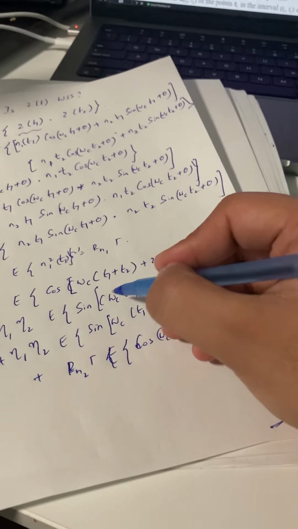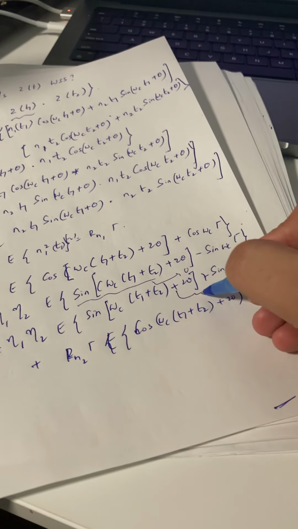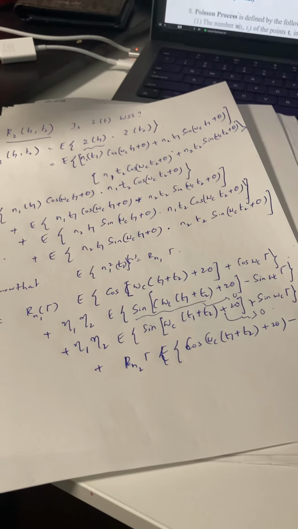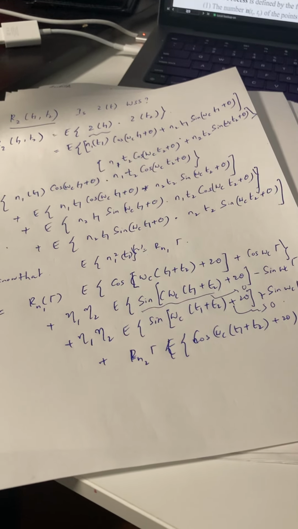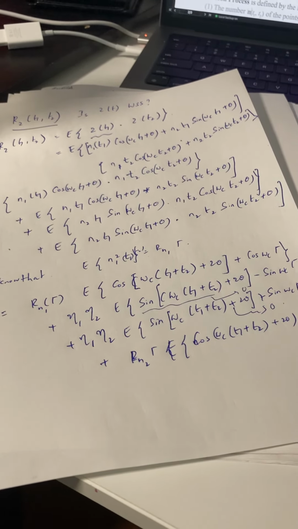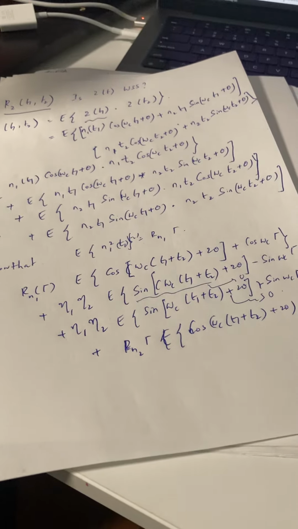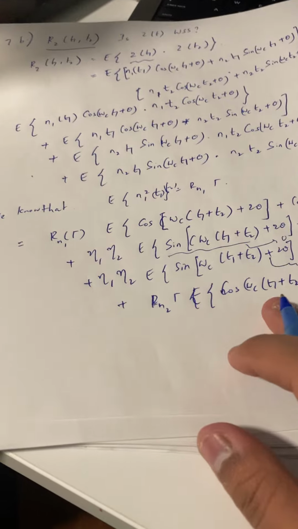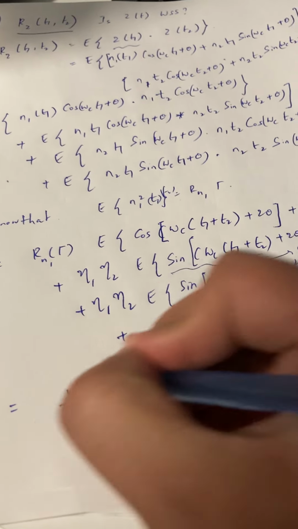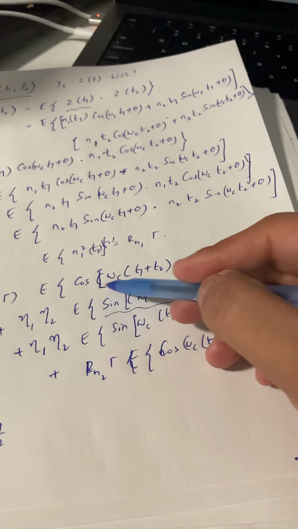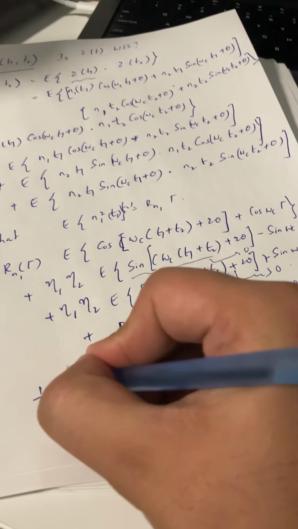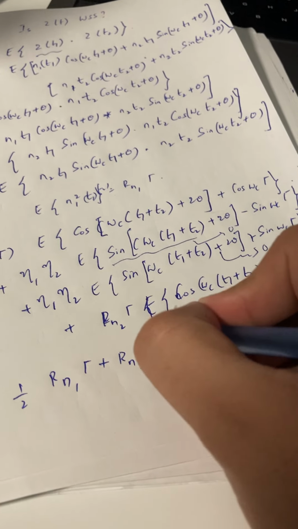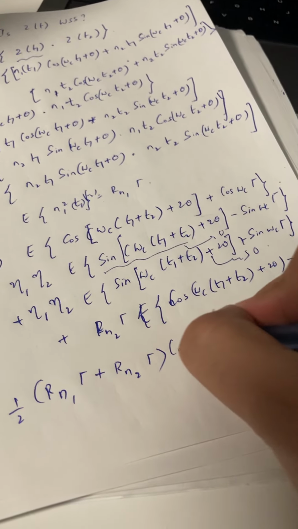We can clearly see that these terms become 0. Here the expected value of this becomes half, so this becomes half of Rn1 of tau plus Rn2 of tau, into cos of omega c tau.